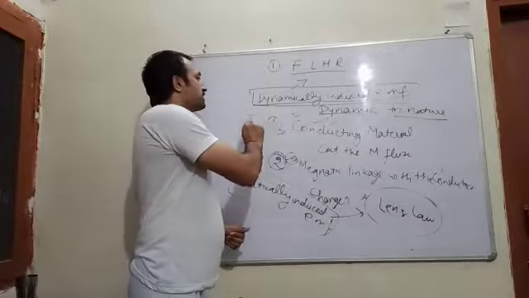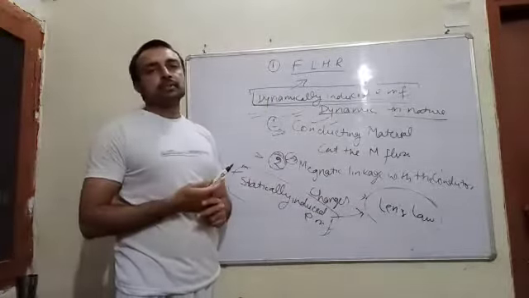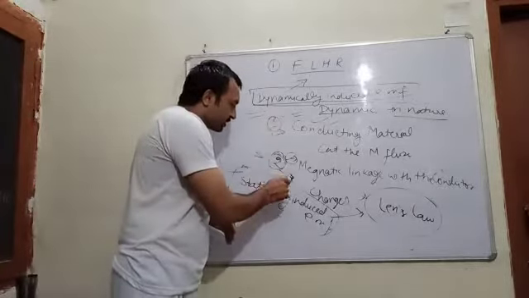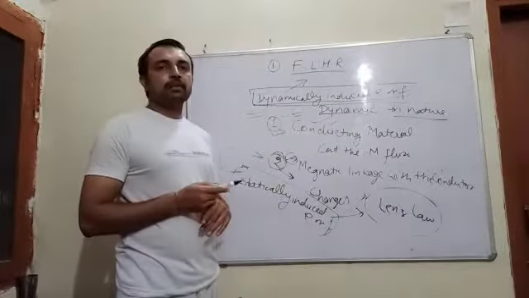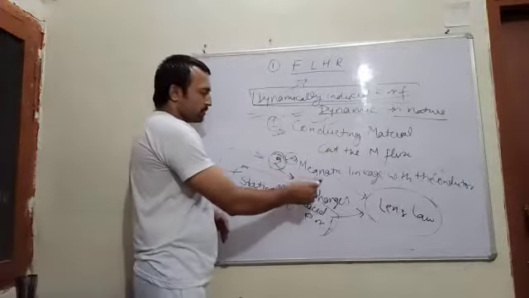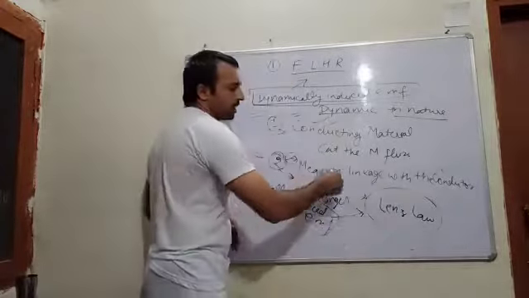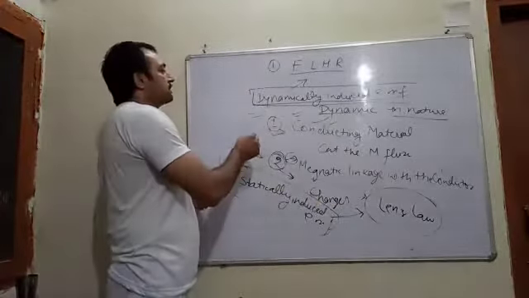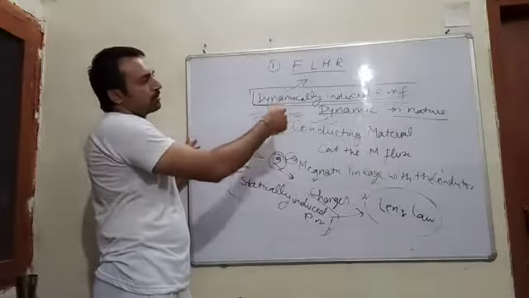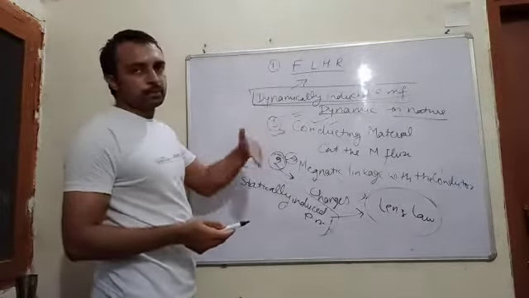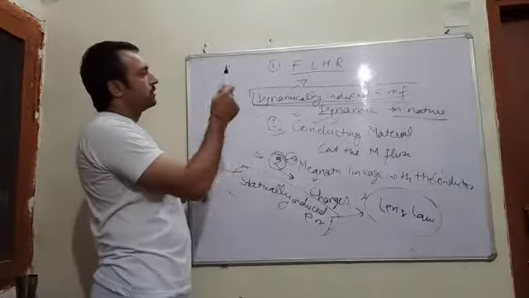And this one is applicable to DC machines, and this situation applicable in transformers, because in transformers all the parts are static in nature, but in DC machines, because some part of the DC machine is in motion, so there will be dynamically induced EMF.